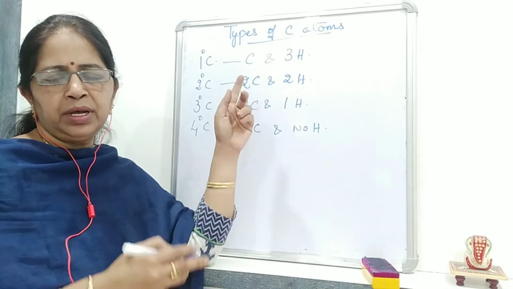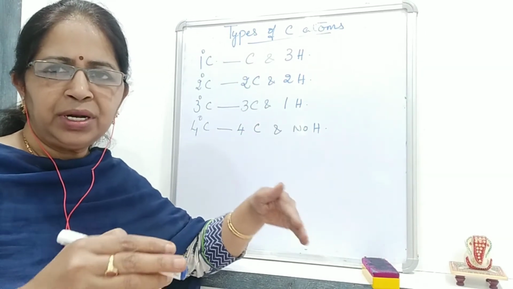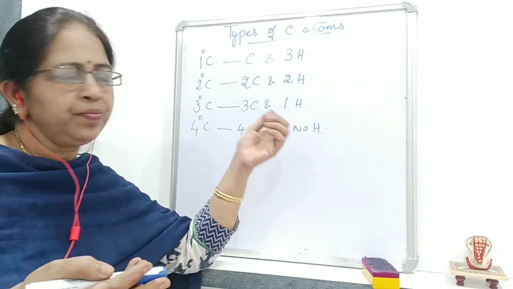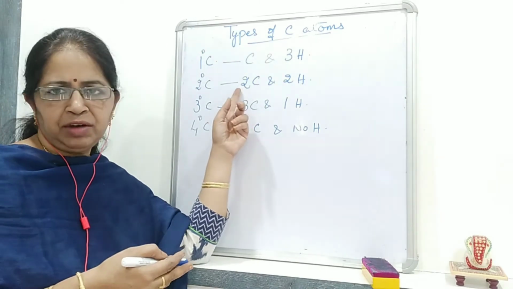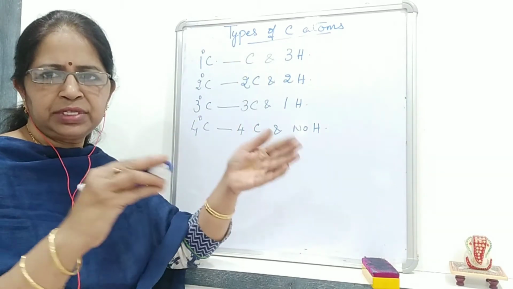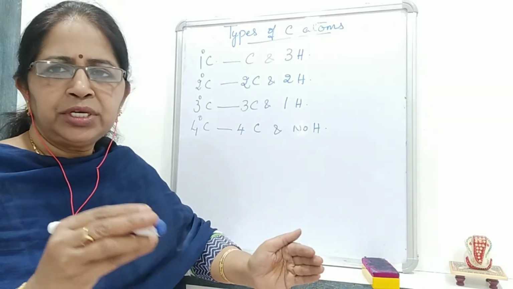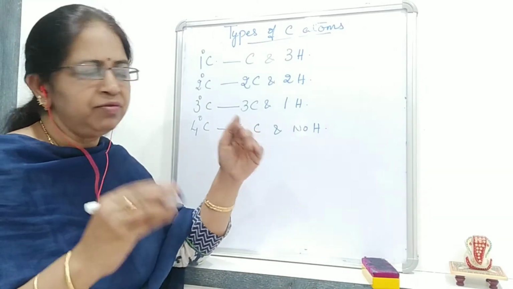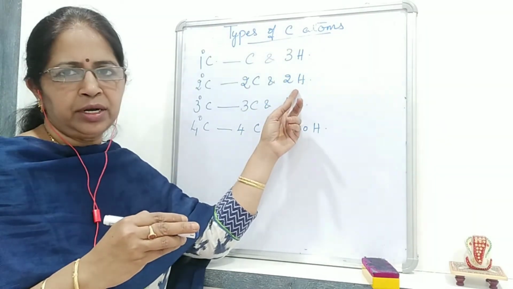It may be present in the main skeletal chain or at the end of the side chains also. And a secondary carbon is always present in the middle of the chain, because on the right and left side there should be carbon atoms. The remaining 2 valencies are satisfied by the hydrogen atoms.